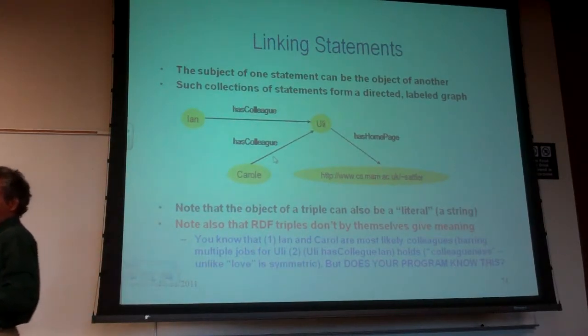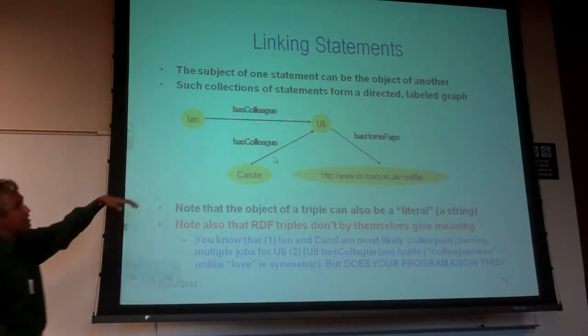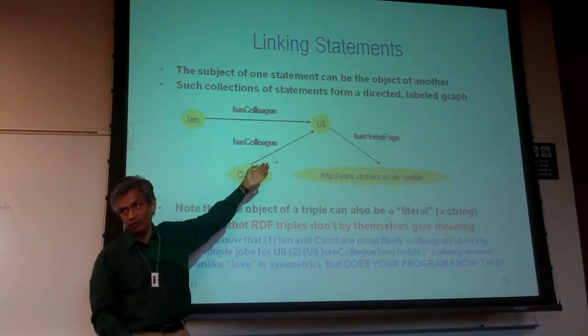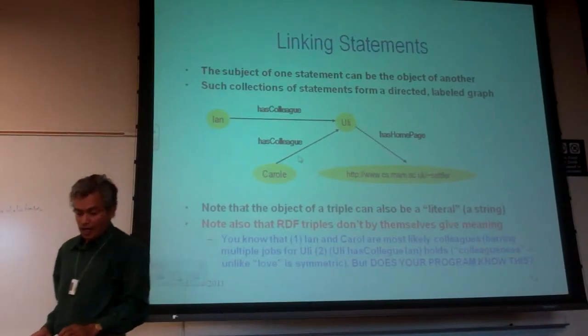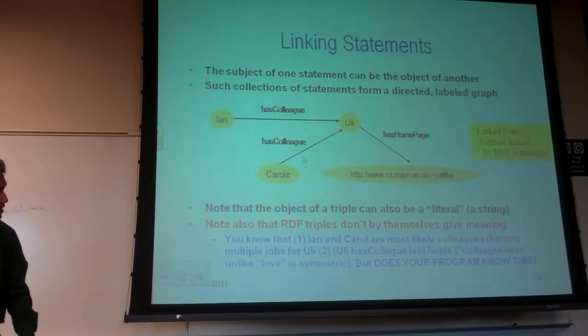You have to say, for all x, y, has colleague(x, y) implies has colleague(y, x). That's one particular piece of background knowledge. That's what you should be able to do, and that's the kind of thing that gets done in the OWL part. So if you just go with RDF, this can be thought of as linked data.